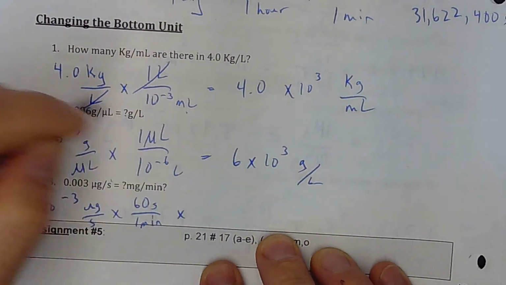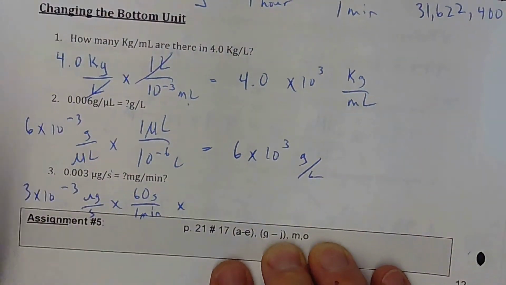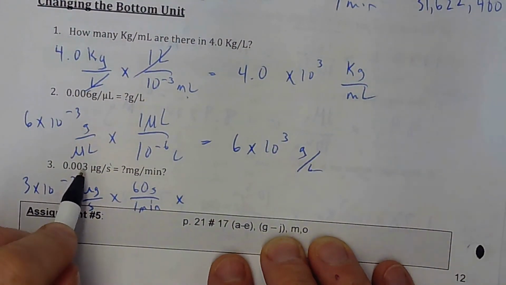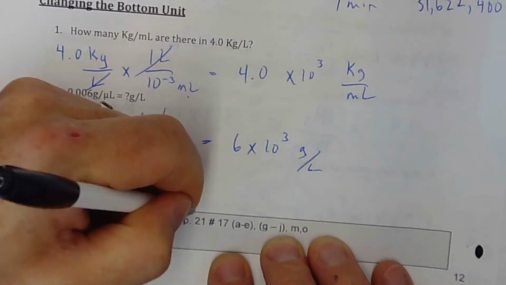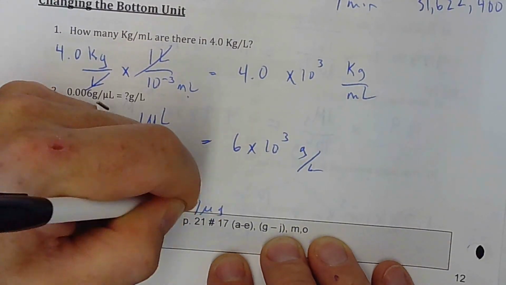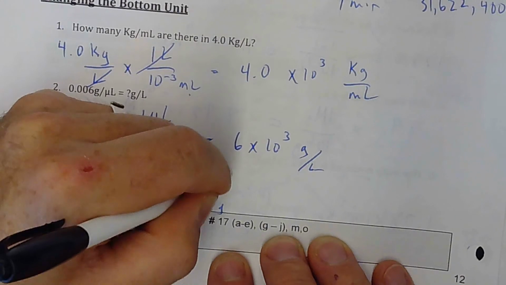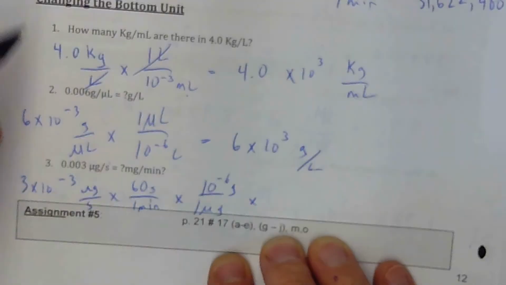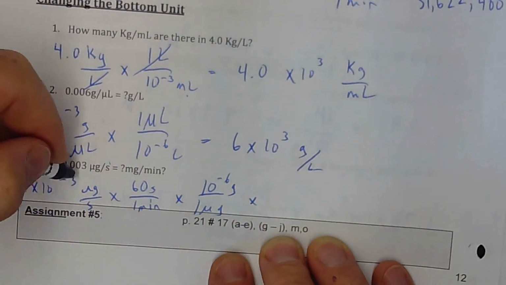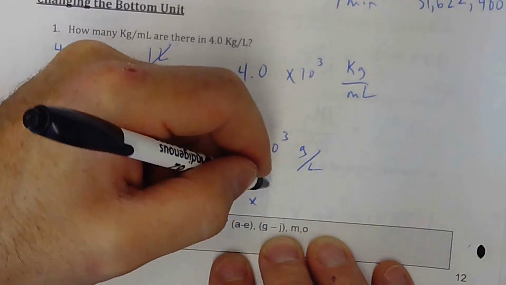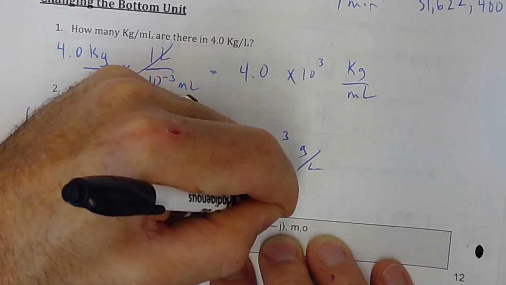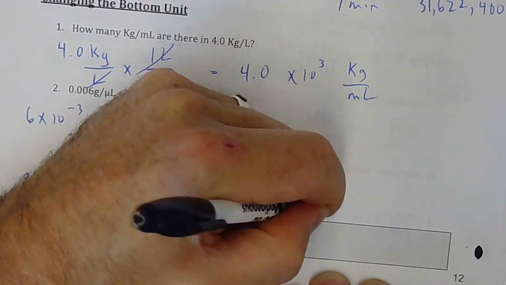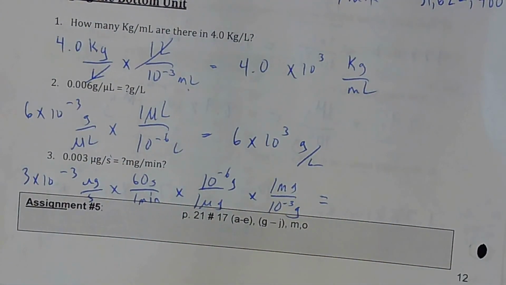All right, then multiply this. So our micrograms to grams. So 1 microgram is on the bottom, 10 to the minus 6 grams. And then to milligram, and then we want milligrams on the top. So 1 milligram over 10 to the minus 3 grams. All right, and then we just multiply it out.